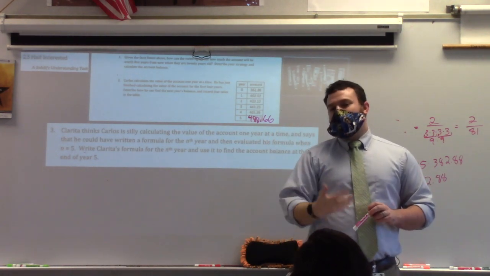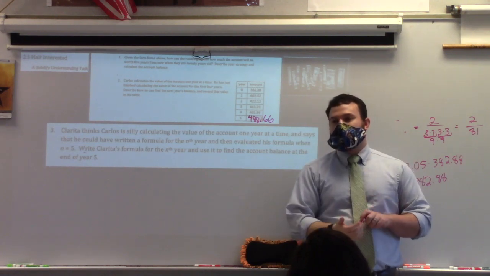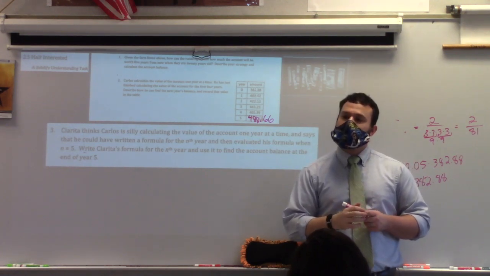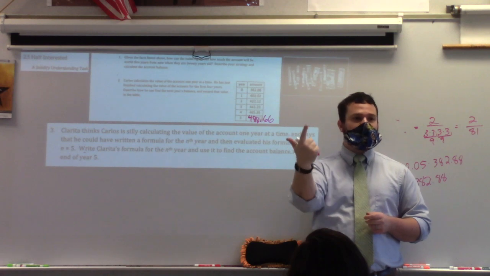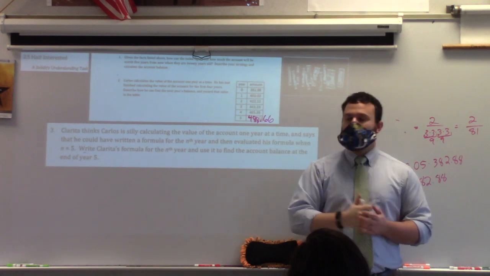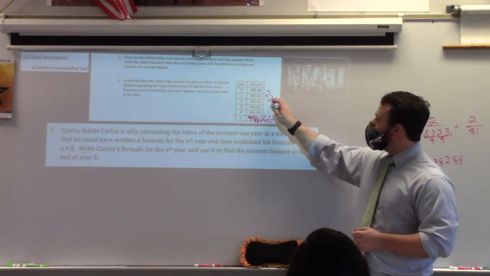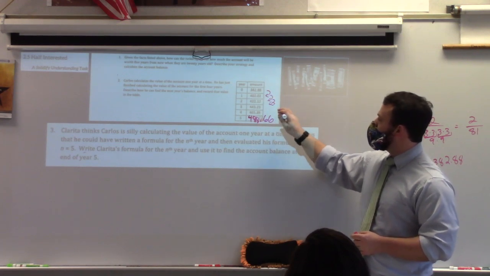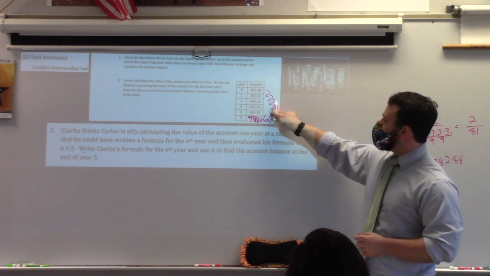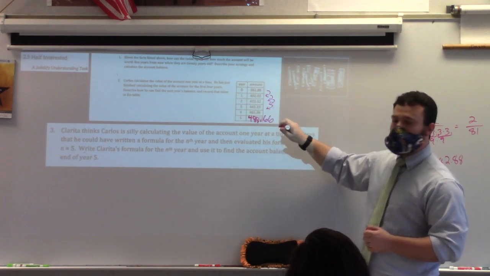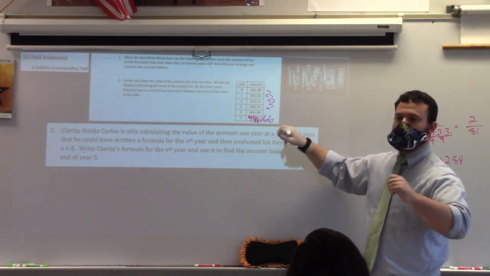So linear and exponential are 2 types of functions. They're not types of equations. Recursive and explicit, right? Which one is Carlos using, going year by year by year by year? Recursive versus explicit. It's one of those 2.